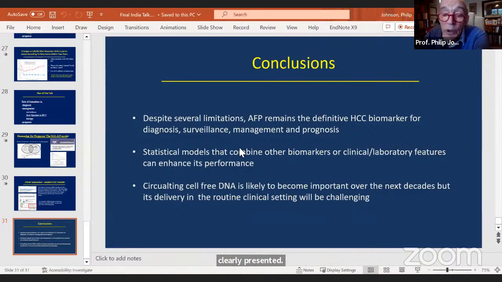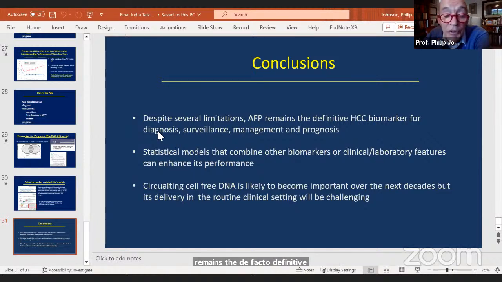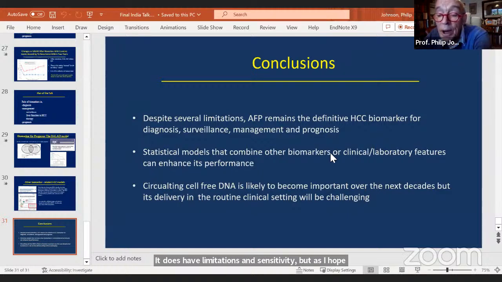So, conclusions. Despite several limitations, AFP remains the de facto definitive HCC biomarker for surveillance, management, and prognosis. It does have limitations in sensitivity, but as I hope we've shown you, statistical models that combine other biomarkers or clinical or laboratory features can enhance its performance.